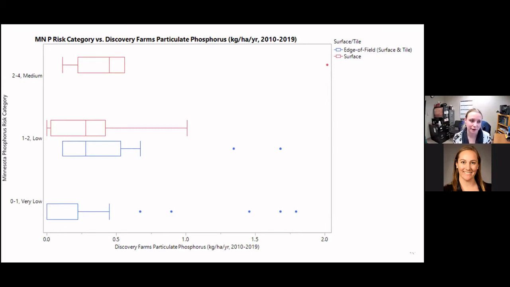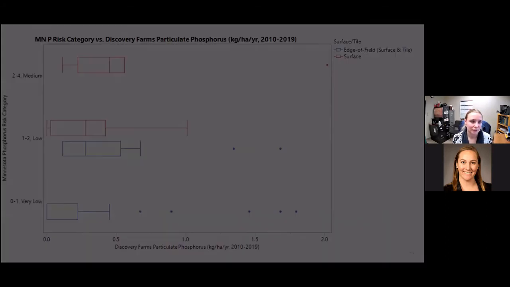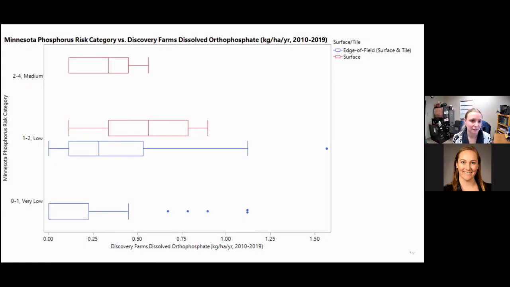We would expect that medium category to be higher than the low category, based on the hypothesis and based on where the MinPI model would traditionally categorize phosphorus loss risk. And it's varying even less than, I would say, dissolved orthophosphate again.